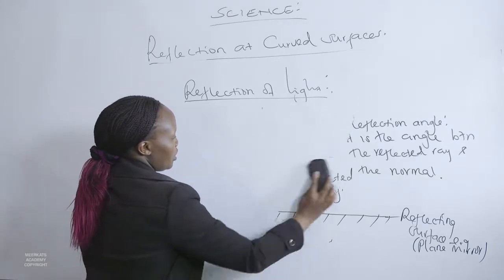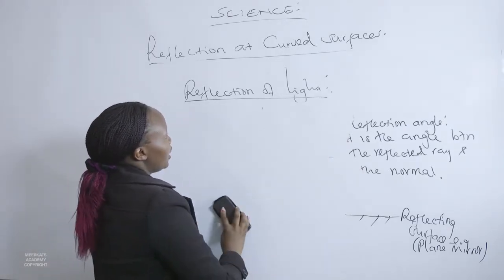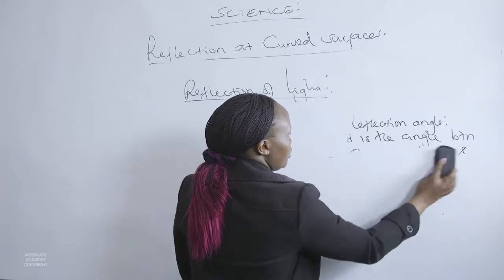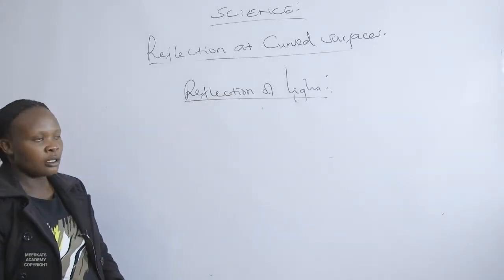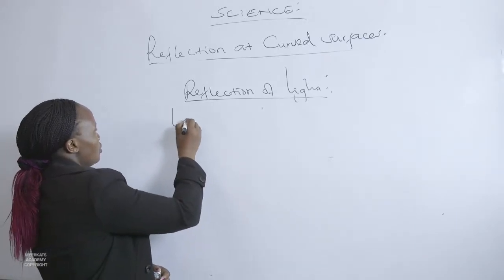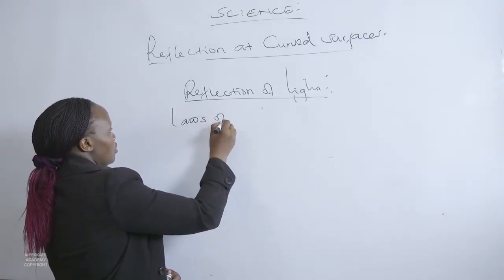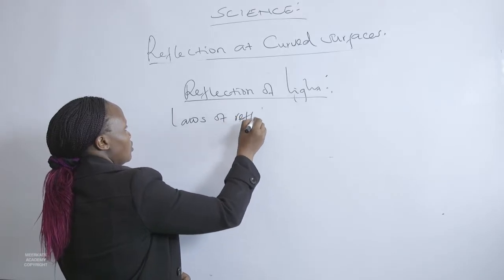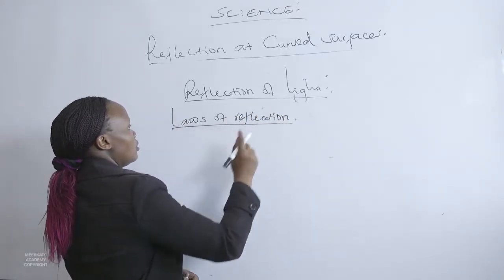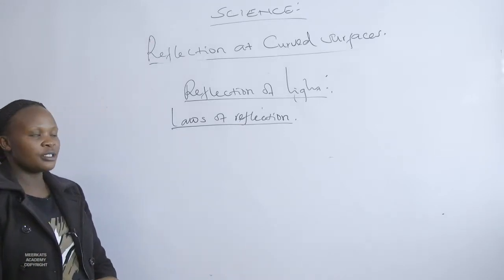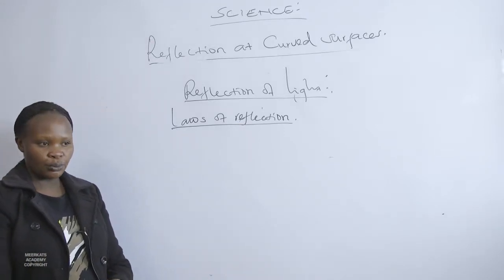Now, having understood the diagram, we can now come to the laws of reflection. And we have basically two.